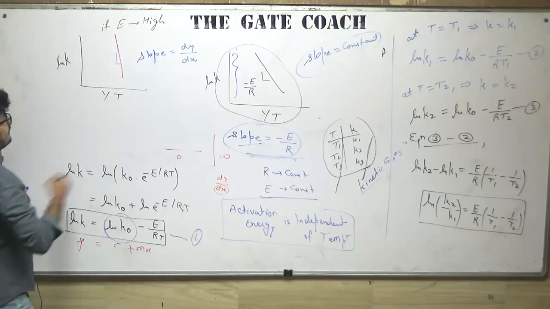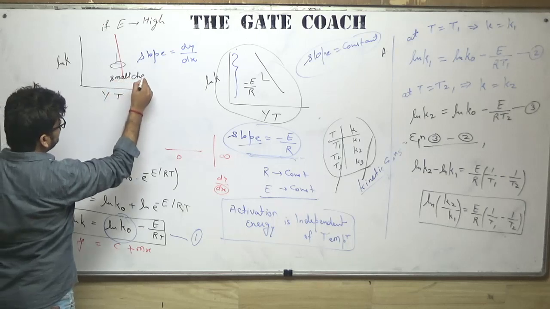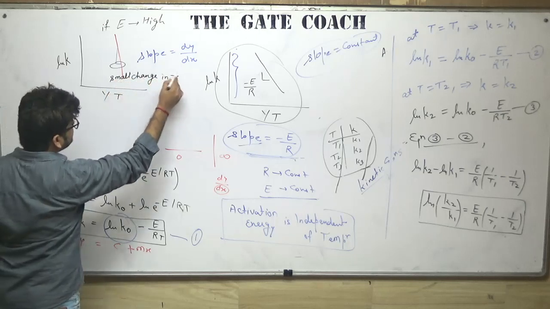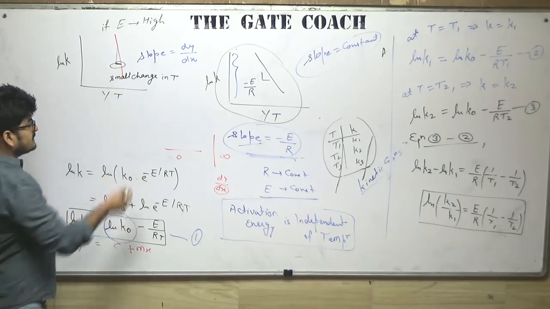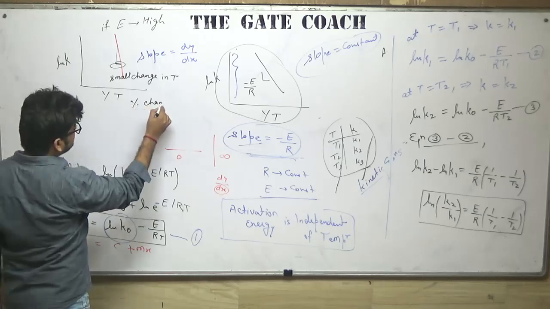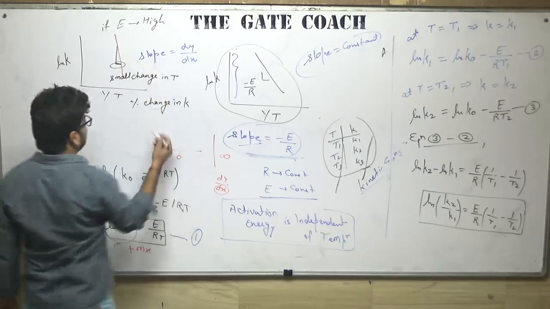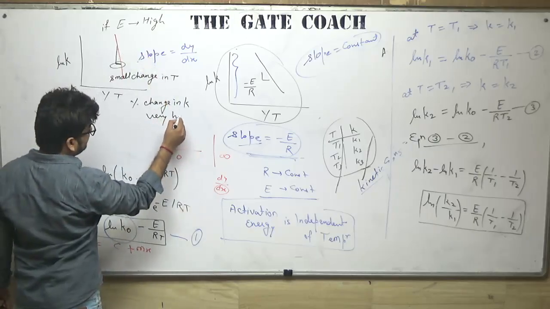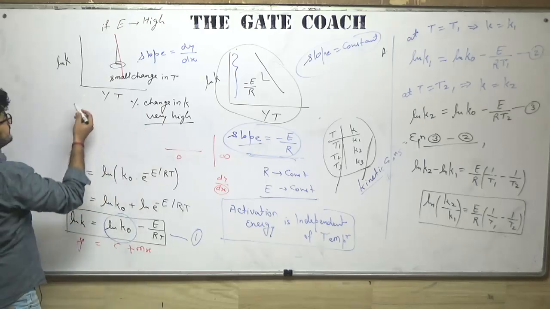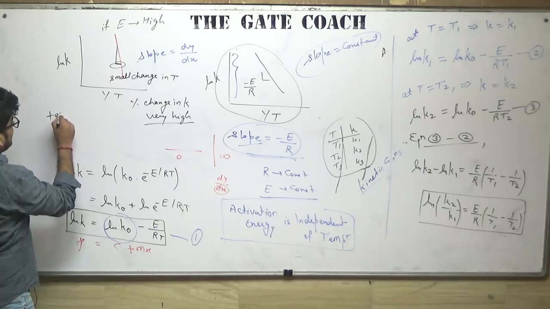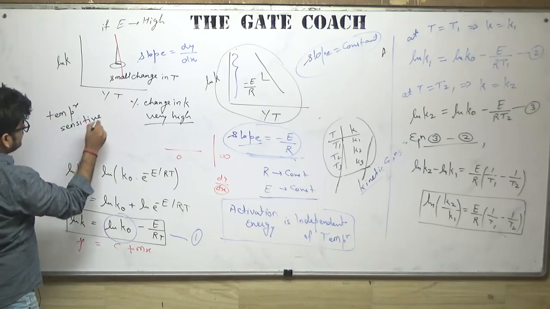It means for a very small change in temperature, the percentage change in rate constant K will be very high. And if the rate constant K changes rapidly, then we say that it is a temperature sensitive reaction.